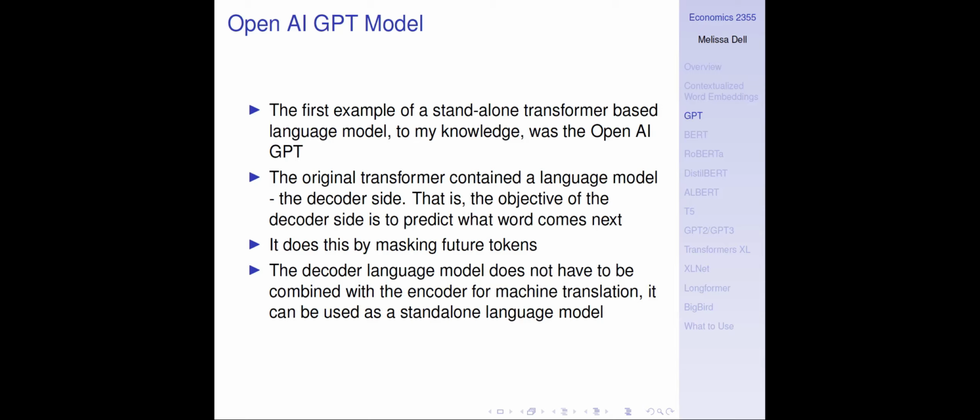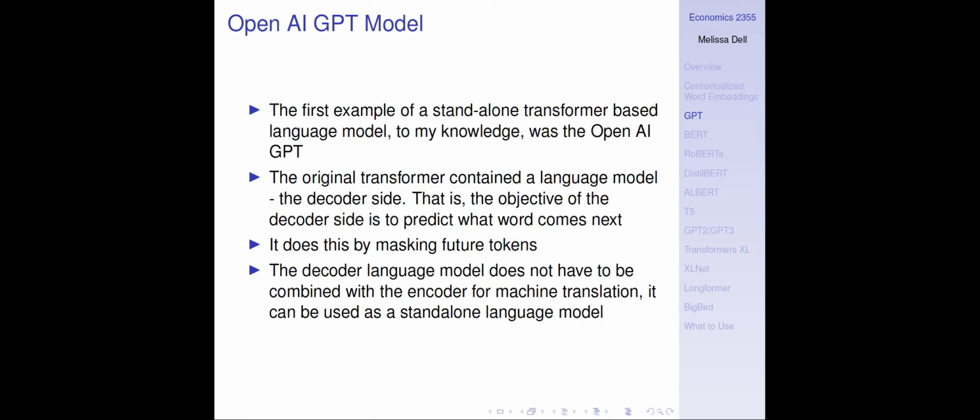The original transformer, like we saw on Monday, contained a language model that was the decoder side of the transformer. Because if you remember, the objective of the decoder side is to predict what word comes next, and that's what a traditional language model is. How does it do this?